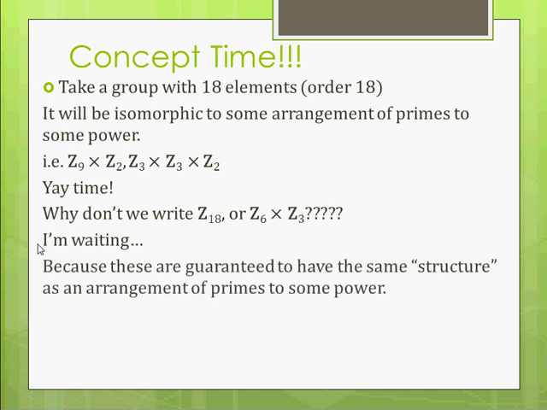It's because these are guaranteed to have the same structure as an arrangement of primes of some power, and we don't want to be redundant. So this word structure, I'm going to explain a little bit more about what I think that means. I'm 100% convinced, but I couldn't get any validation from the internet or my book or anything like that.